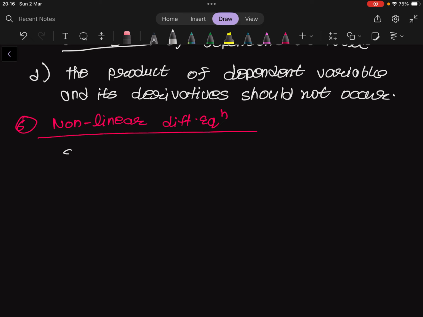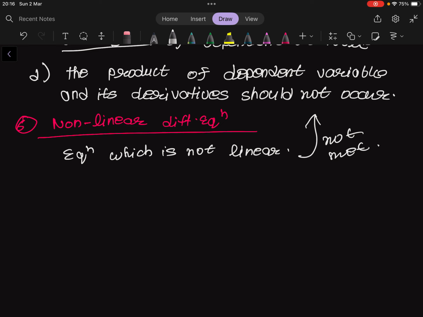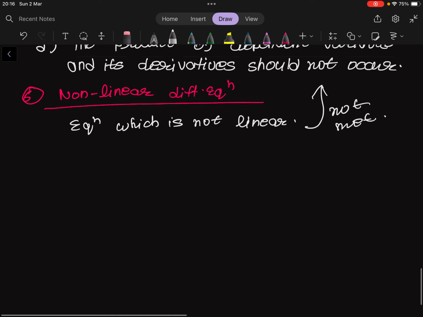An equation which is not linear is called non-linear. So if any of the 4 criteria is not met, we can say that the equation is non-linear. Now let's see some examples.